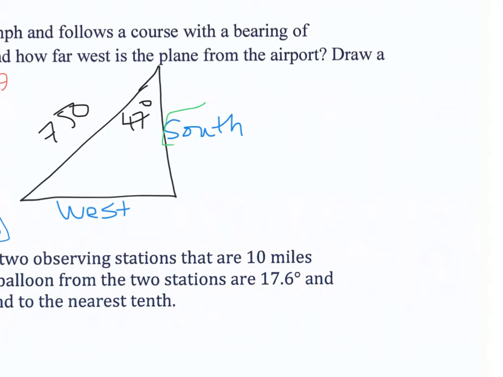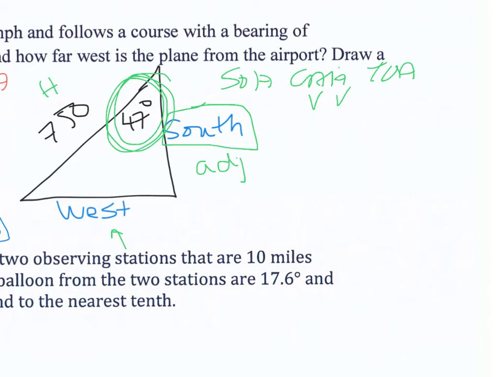I just drew a new triangle because it was kind of messy. So now if I'm trying to find the south, there's different ways of doing it. If we just found the west, we could do Pythagorean theorem, but I'm going to pretend that I chose to find south first. So if I'm working in reference to angle 47 degrees, 750 is my hypotenuse, south would be my adjacent. So I'm going to go with cos because I want the adjacent and have the hypotenuse.